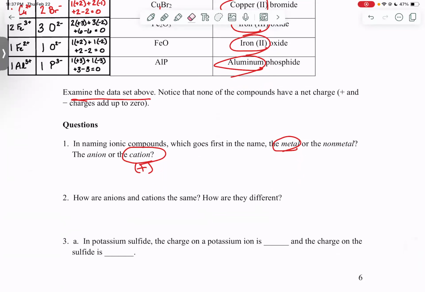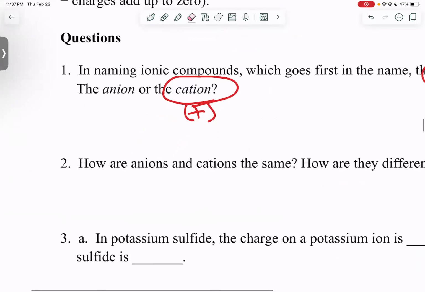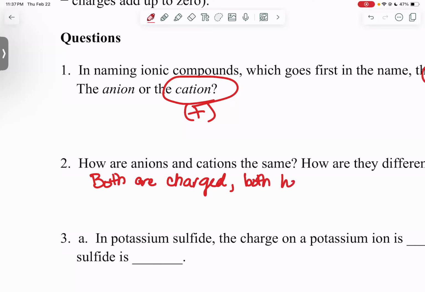So number 2, how are anions and cations the same? How are they different? Let's talk about how they're the same first. And always remember, try to answer these without watching me do the answer. So do it yourself, then watch me. Both are charged, right? So that's a true statement. Both have a change in the number of valence electrons as compared to their neutral atoms.